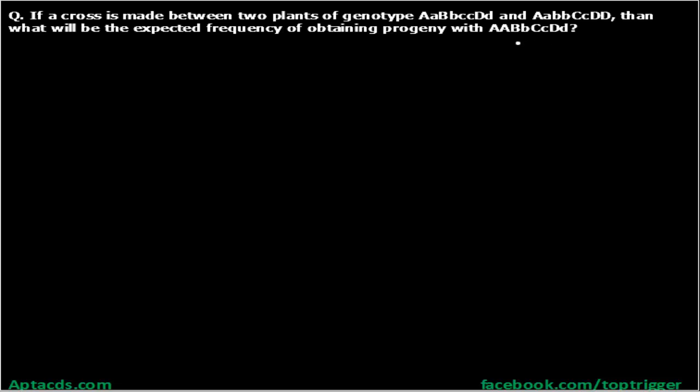Now again, this is a classical problem of Mendelian genetics in which a specific progeny for a given genotype is asked. Here we are looking for a genotype with the constitution capital A capital A, capital B small b, capital C small c, capital D small d.